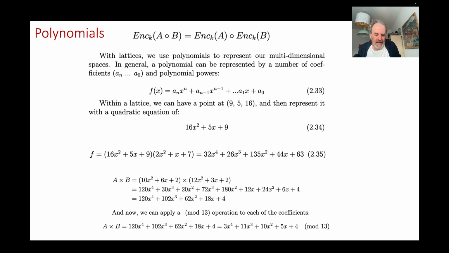Basically, we can use any operator that we want, such as multiply, divide, add, subtract, and so on, and we can then perform the same operation on our encrypted values. I won't go into too much detail here, but basically we have a lattice of multiple dimensions and points in space.